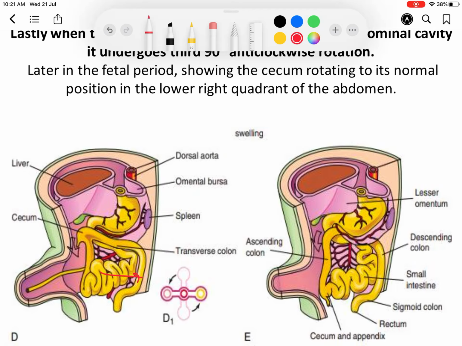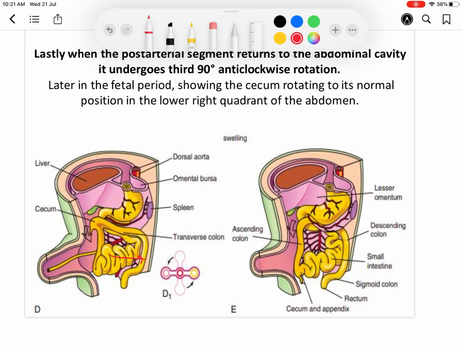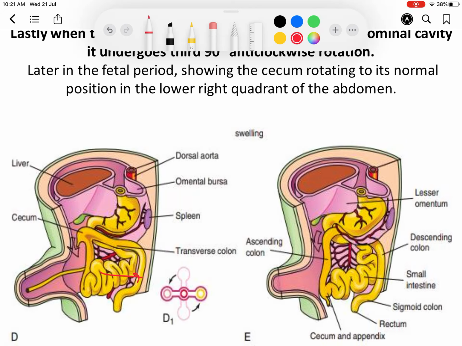Now lastly the post arterial segment will return into the abdominal cavity, and it will come in front of the superior mesenteric artery. At the same time the third 90-degree anti-clockwise rotation is occurring, and this post arterial segment has come into the abdominal cavity.